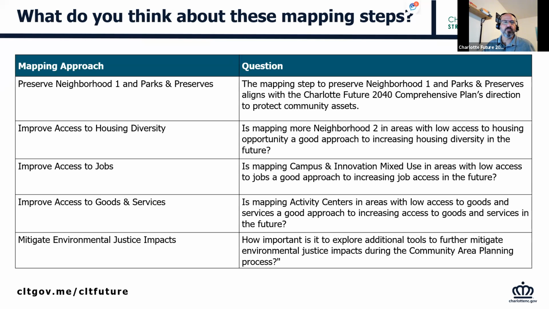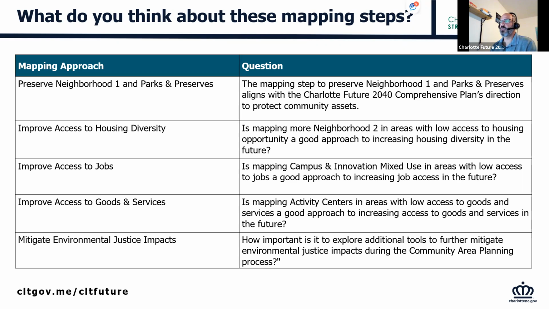So, we have these polls to go through. I don't know if you want to go through all of them. These are basically all of them. We're really trying to get from folks a sense of, was this approach in the right direction?